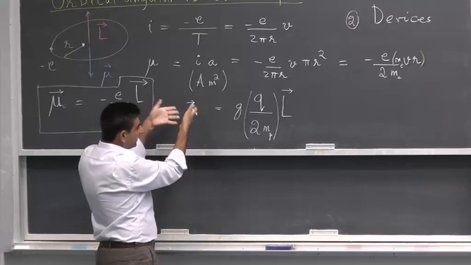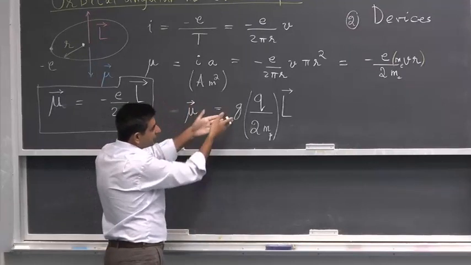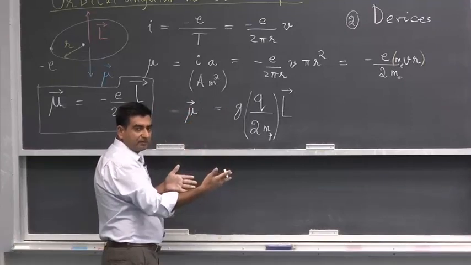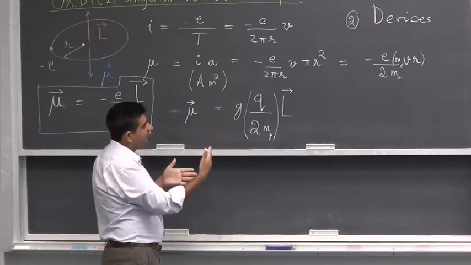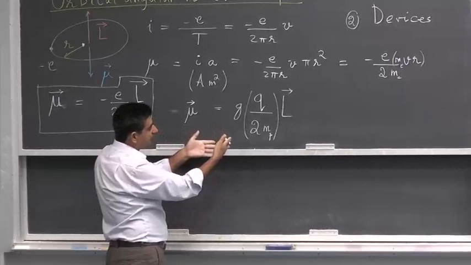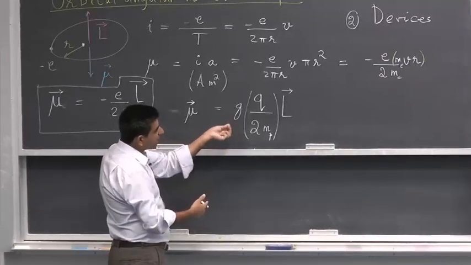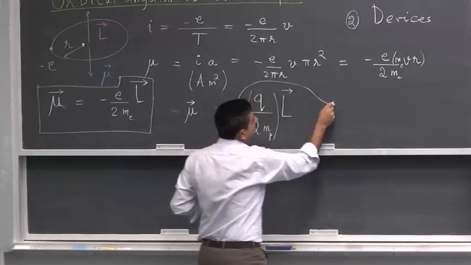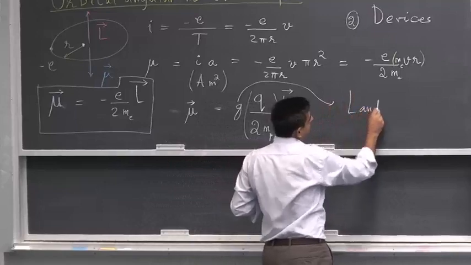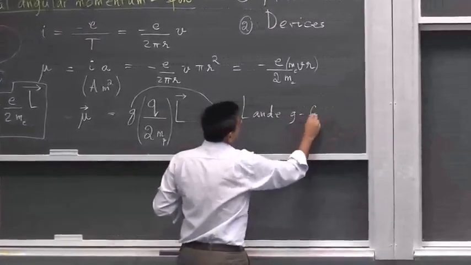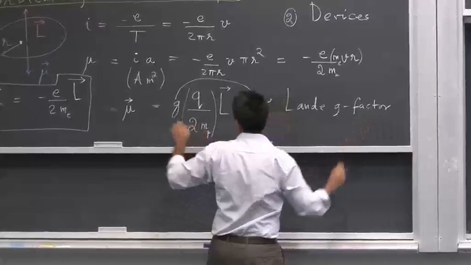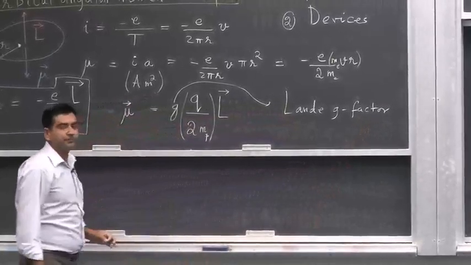So you perform experiments to measure the magnetic moment, so the constant of proportionality comes either from theoretical motivations or is verified by experiments. So you have a constant of proportionality, which is called the G factor. Then this gives rise to a magnetic moment.